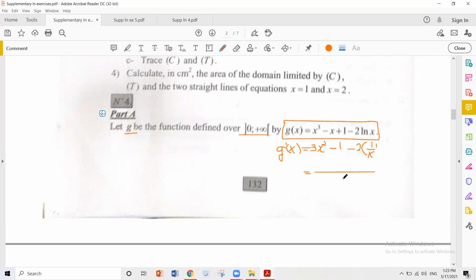We take the LCM, x, and we get 3x cubed minus x minus 2.